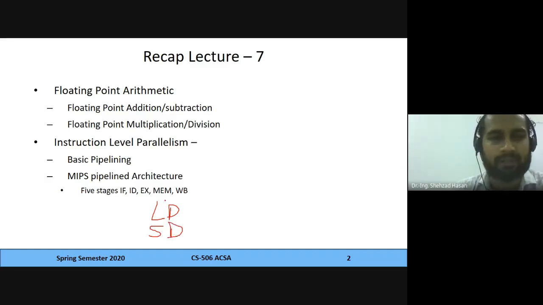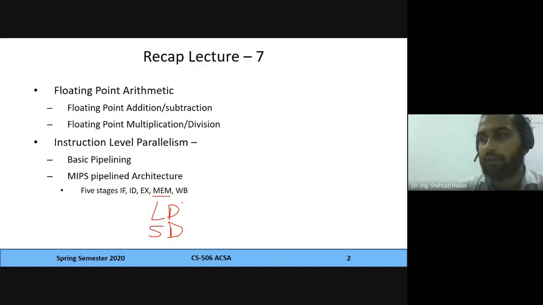So what about the other instructions, like arithmetic instructions? They are not going to use this stage, but still they have to pass through that stage. We're going to come to that. The last stage was the write back stage, where you store the result in some register. In a store instruction, you store the result in memory, and nothing more is required.